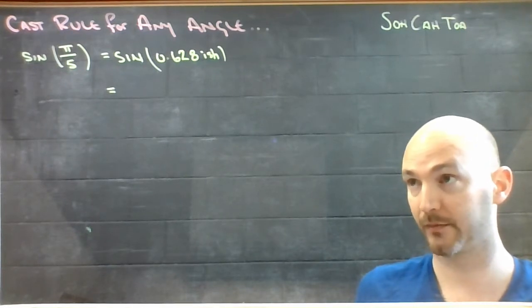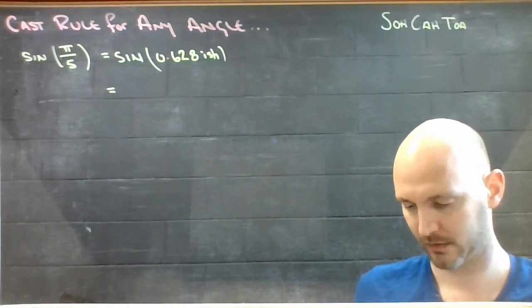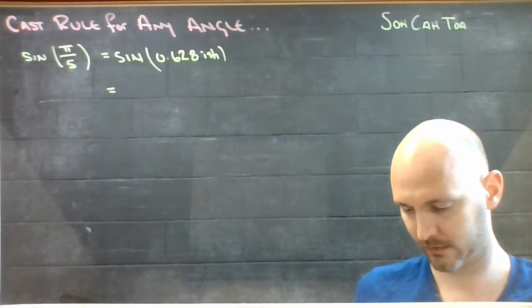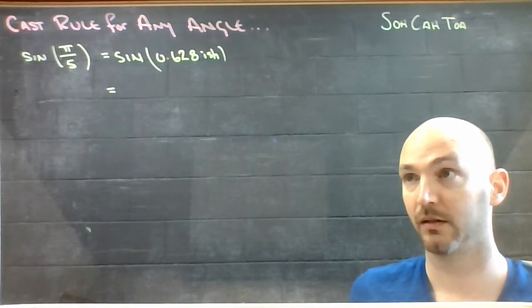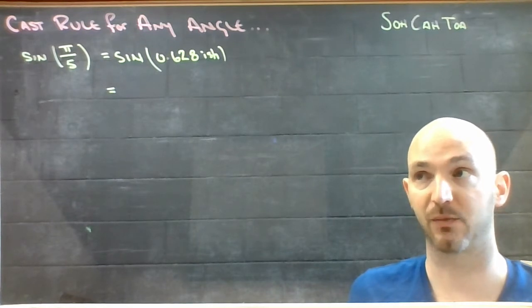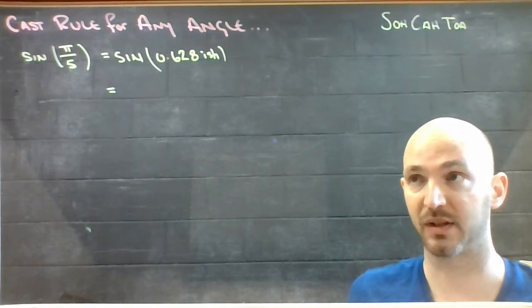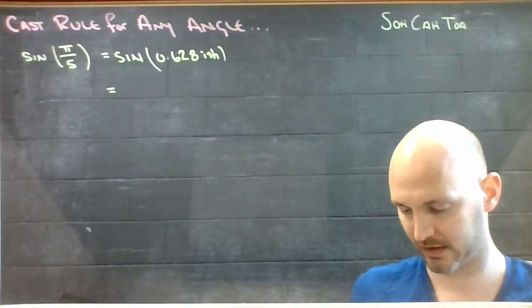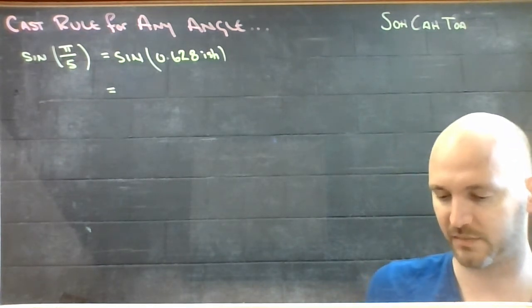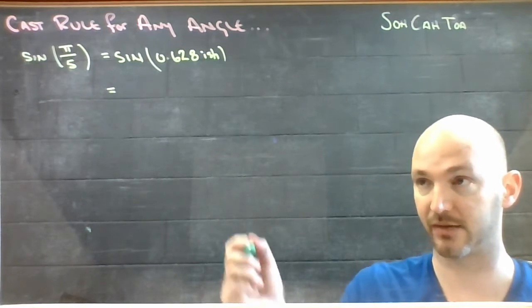There we go. So if I make sure it's in radians, I need to take the sine of 0.628. So I just have to push sine on my machine. Sine of the answer gives me 0.587785.